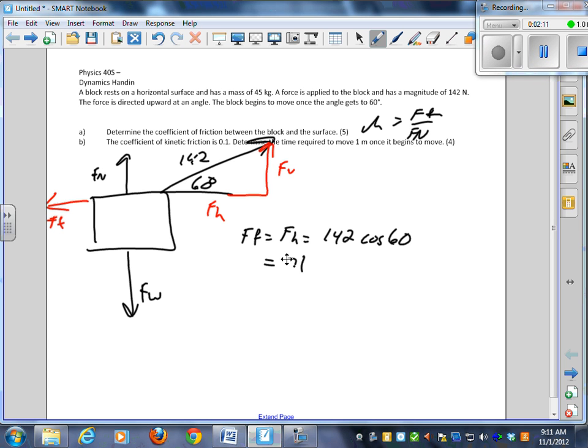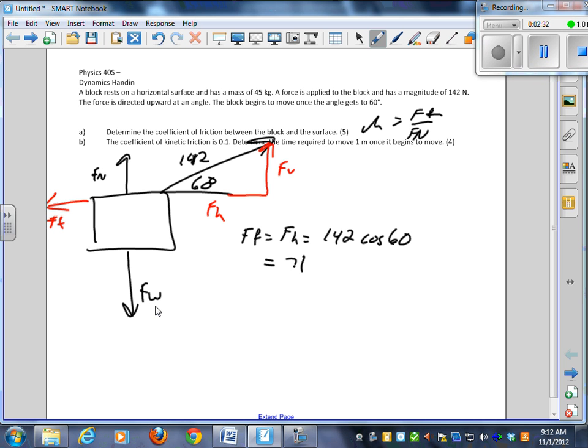So now the next step is to try to figure out what the normal force is. Now the normal force generally is equal to the weight force. But in this case, because I'm lifting up, the vertical component and the normal force are balanced by the weight force.